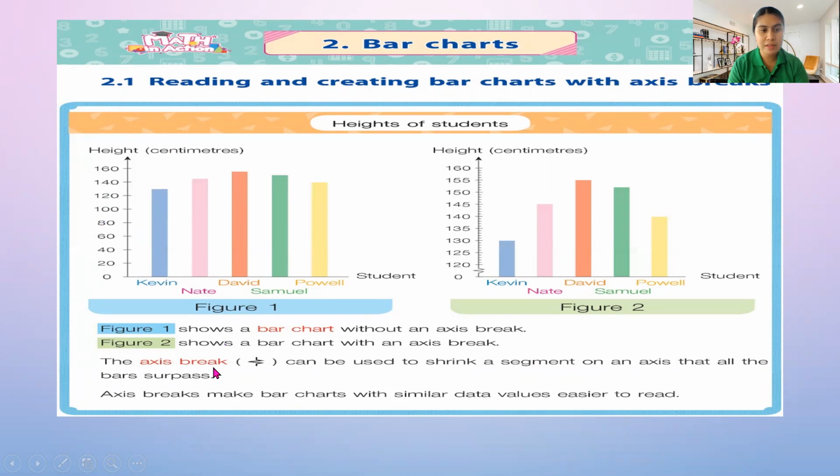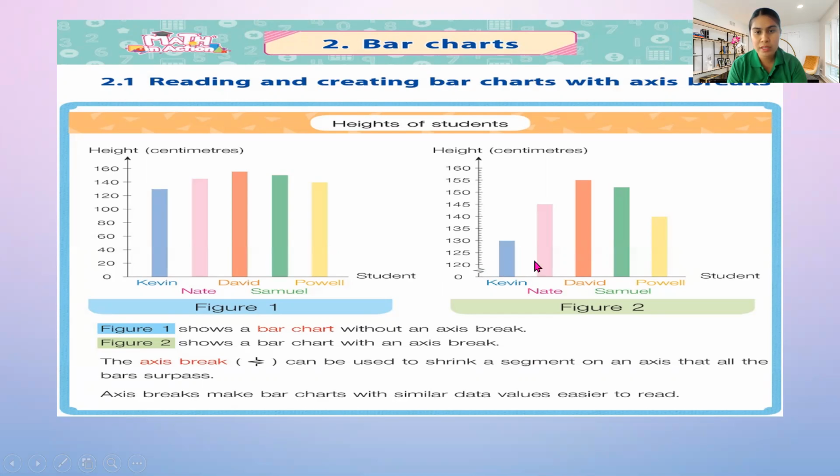But we use an axis break, meaning if that group of students' heights are all more than 120, you cut 0 to 100 and proceed to 120.